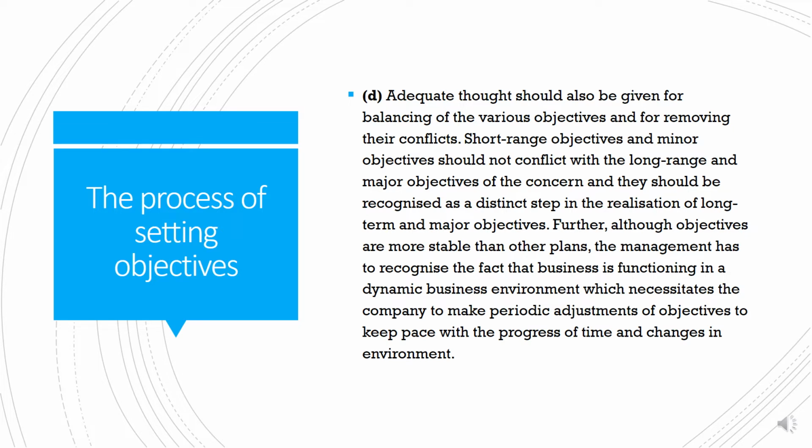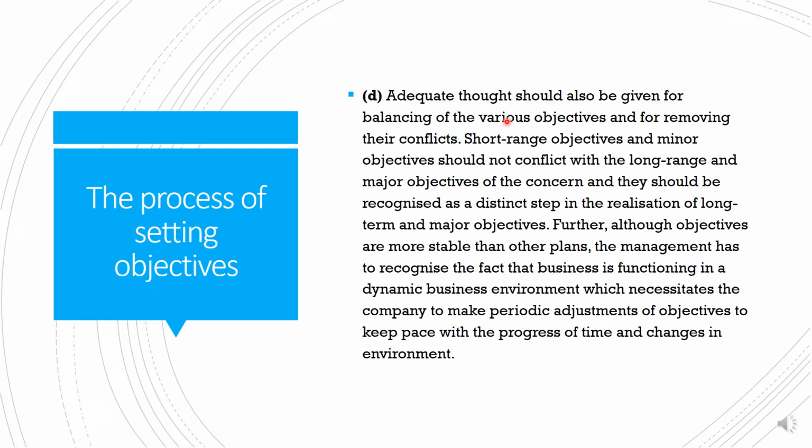Then the next is: adequate thought should be given to balancing the various objectives and removing their conflicts. So one has to continuously work on removing these conflicts. Short range objectives and minor objectives should not conflict with the long range and major objectives.